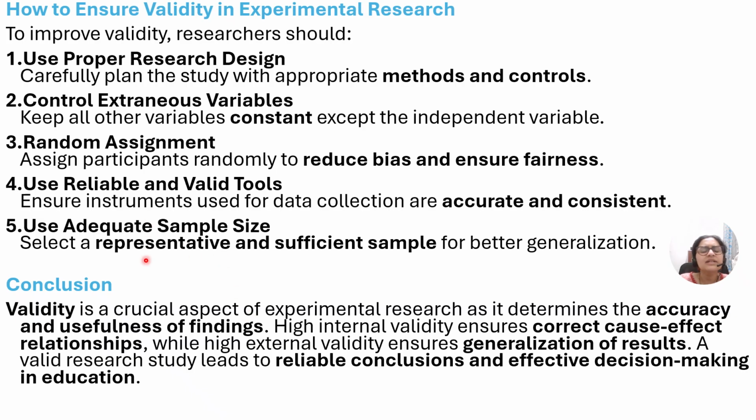Random assignment, we have come across this word many times in the previous slides also. It is a process in experimental research in which participants are allocated to different groups purely by chance. Let's say there are three groups and nine participants.